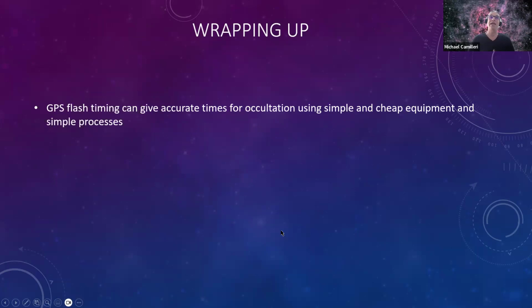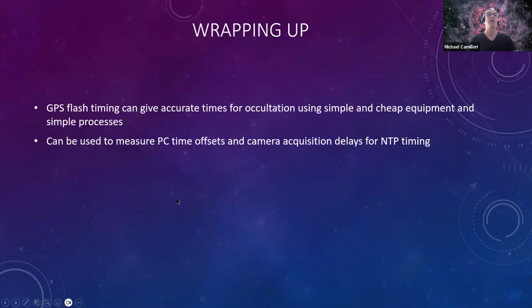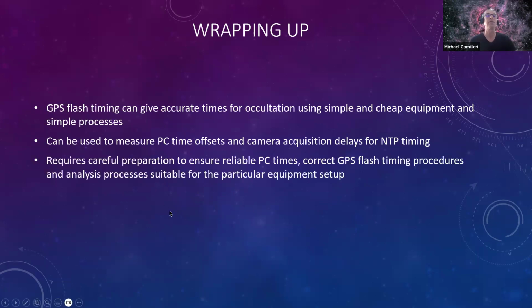So wrapping up, you can get accurate times for occultations with GPS flash timing. It can be as simple as a $12 unit and a craft knife to get yourself set up. It can be used to measure your PC time offsets for observations. You can also measure your camera acquisition delays for NTP timing. It's not as accurate as a Sexta system, but for many purposes it will be accurate enough to do those kinds of calculations.